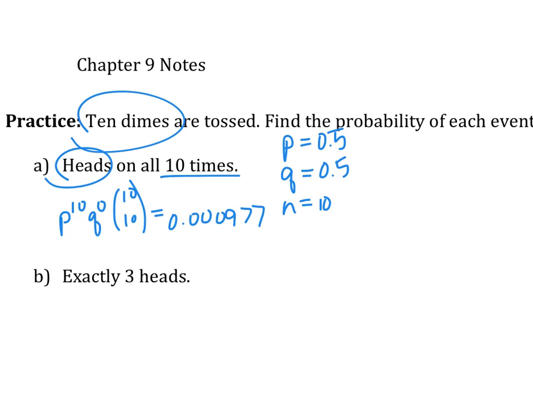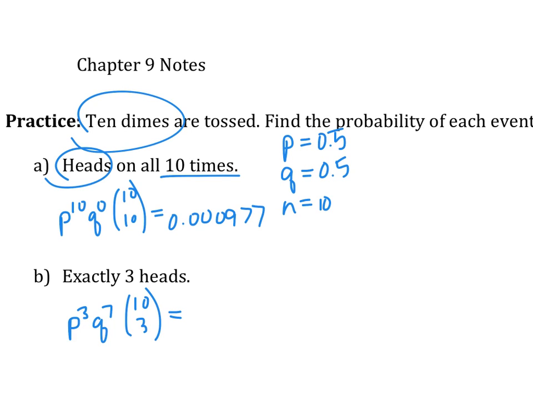All right. So exactly 3 heads means P is to the 3rd power. Q is going to be to the 7th power because if you want 3 heads, that means there are 7 tails. And then multiply by how many ways 3 heads can come out of 10, and then calculate. This one is kind of easy in the way you calculate because P and Q are both 50%.